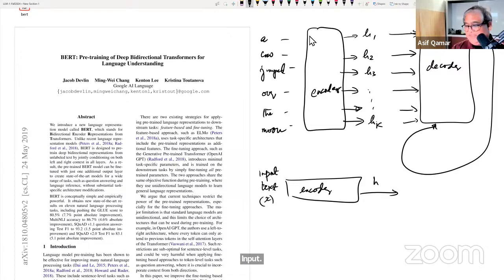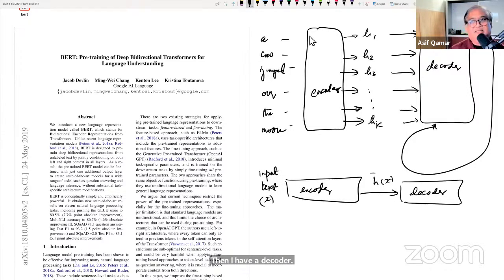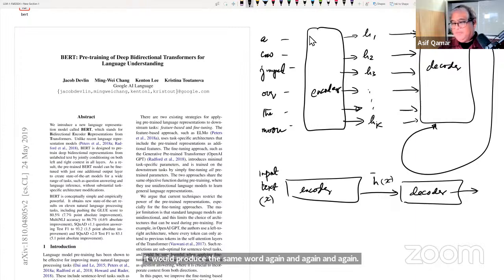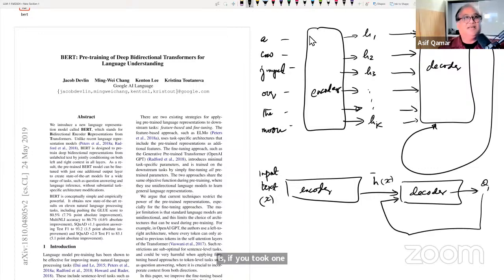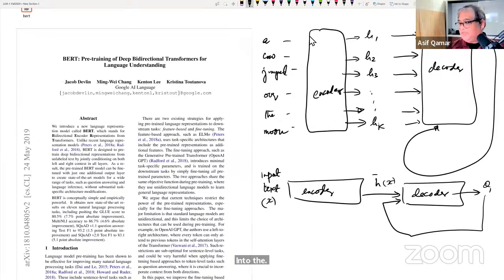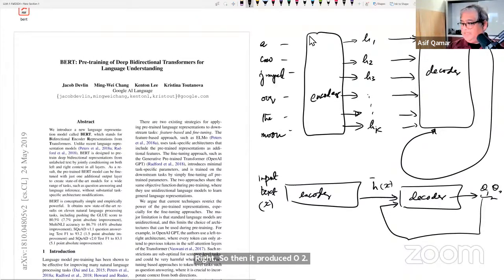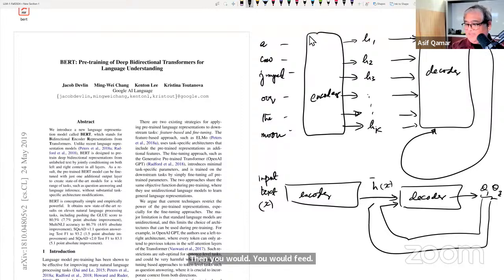Let me call this hidden state X. Then I have a decoder. If all that the decoder got was the hidden state, inherently it would produce the same word again and again. The only way you can produce a different output, let's say it produced an output O1, is if you took O1 and fed it back into the decoder along with the hidden state. Then it produced O2. Then you would feed both O1 and O2 back in, and you would continue doing that.